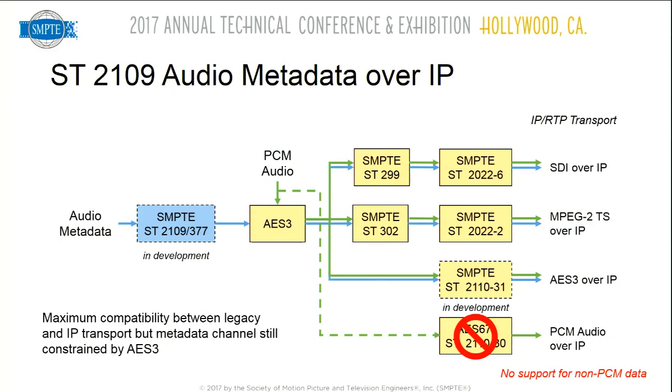And we also have this fact that we're constrained by the AES3 channel. In the short term, I don't think that's an issue, but in the long term, relying on this fixed rate legacy interface channel as the solution for carrying metadata is not ideal.